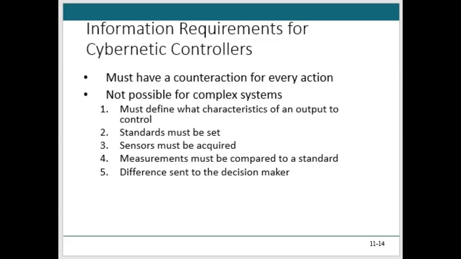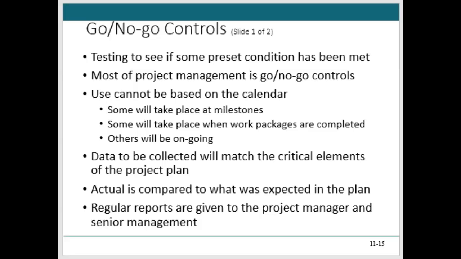Now, the next type of control is a go, no-go. Go, no-go controls take the form of testing to see if some specific precondition has been met. We test all the time. In fact, the most common tool in quality is the tool called inspection.